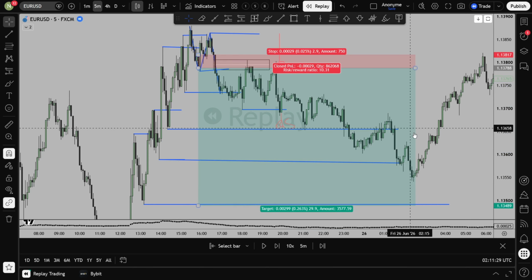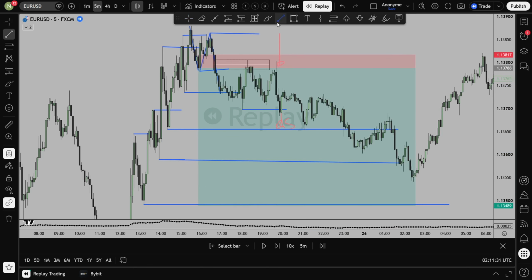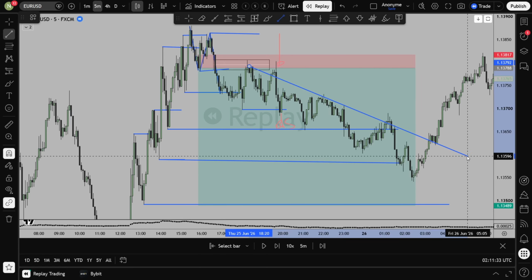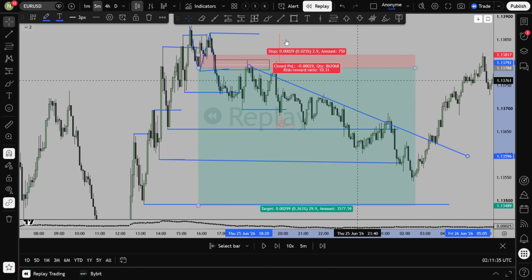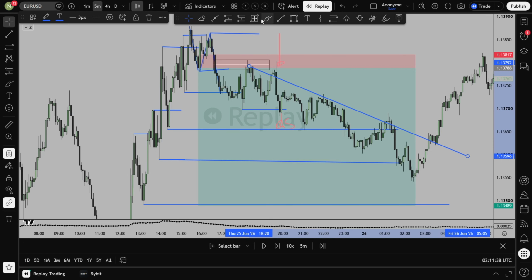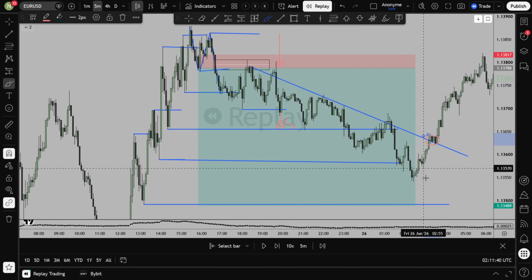But you could even use a trend, for example. If it breaks, I wouldn't say this little break is enough to exit. But when you see some impulse candle, you should exit.